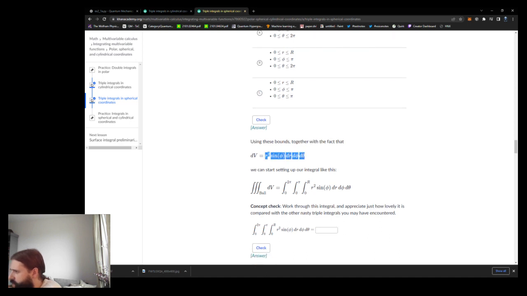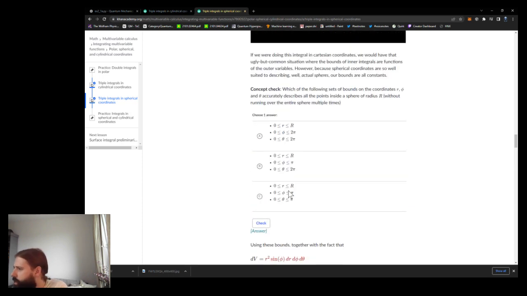Okay, so that's just really the way this is, right? We can start setting up our integral like this. 0 to r, 0 to pi, 0 to 2 pi. Oh, that's interesting. Why pi? Okay, that starts getting interesting, because I thought it's a sphere, so you'd go 2 pi for both angles, right?